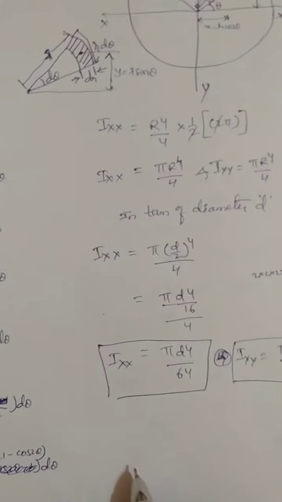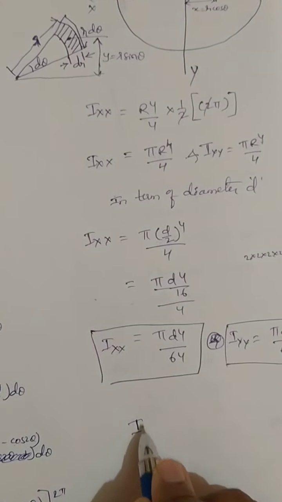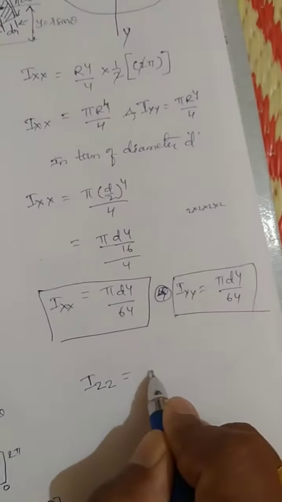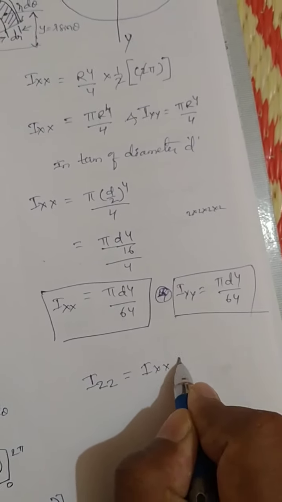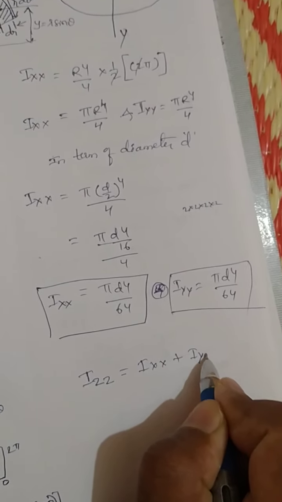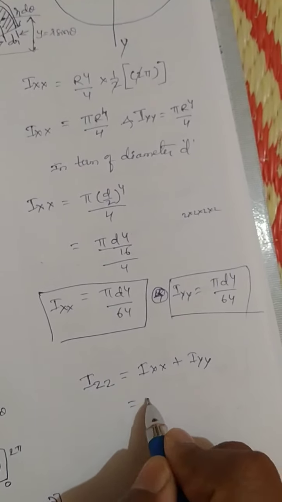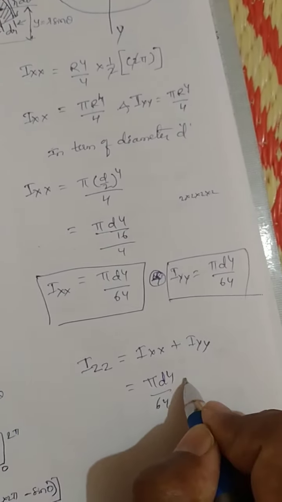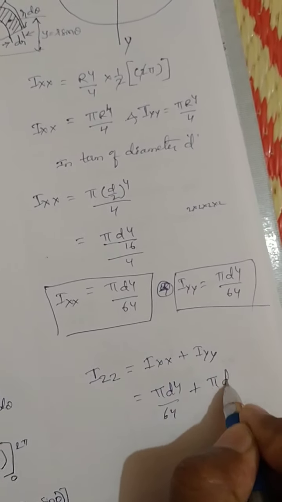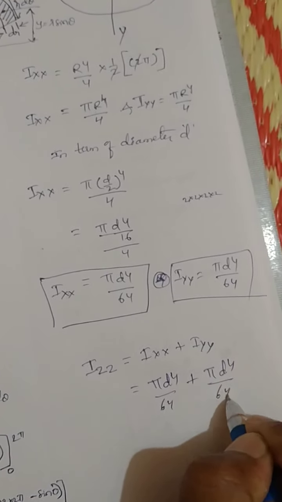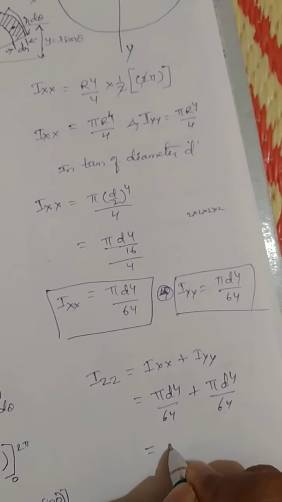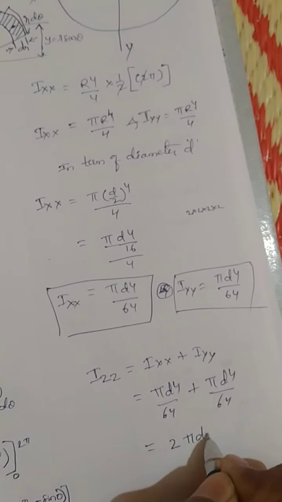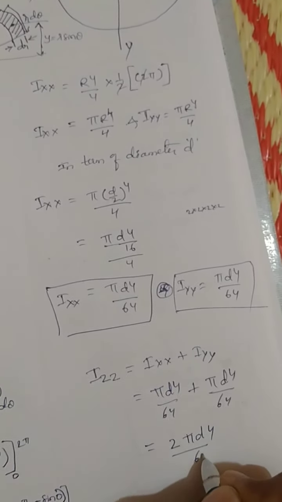Now, if I want to calculate the polar moment of inertia, that is Izz, we have a formula: Ixx plus Iyy, which is equal to pi d raised to 4 divided by 64 plus pi d raised to 4 divided by 64. It is 2 times pi d raised to 4 divided by 64.